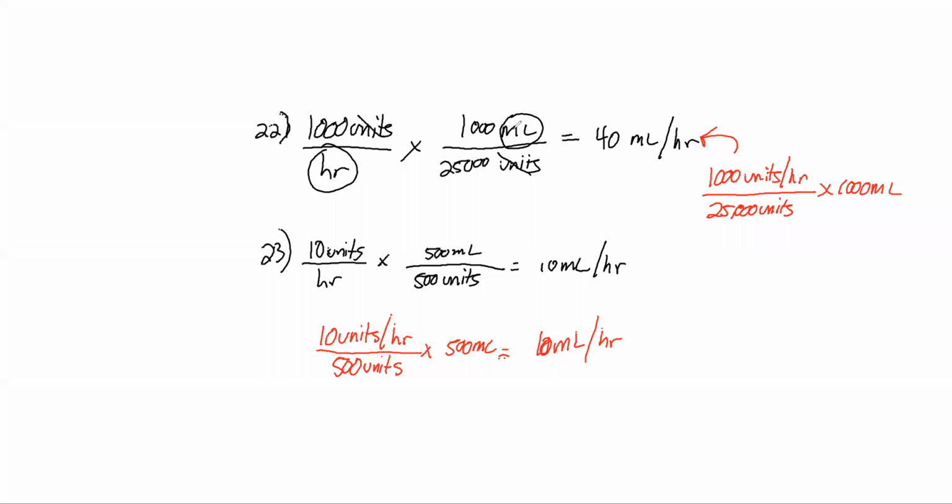So 24 says we have a 1,000 milliliter bag that's infusing at 50 milliliters per hour. And then 50 goes into 1,000 20 times. So we have 20 hours, okay? After 20 hours, we want to know what time it's going to be.